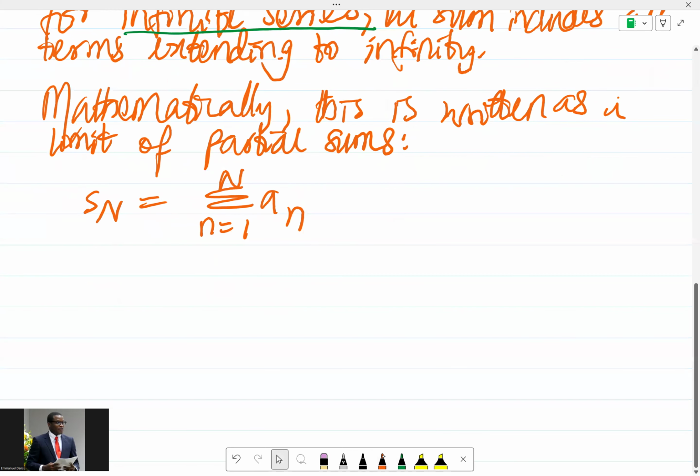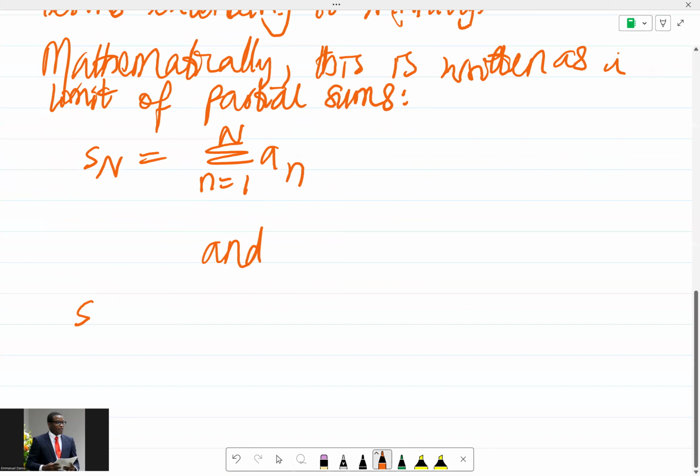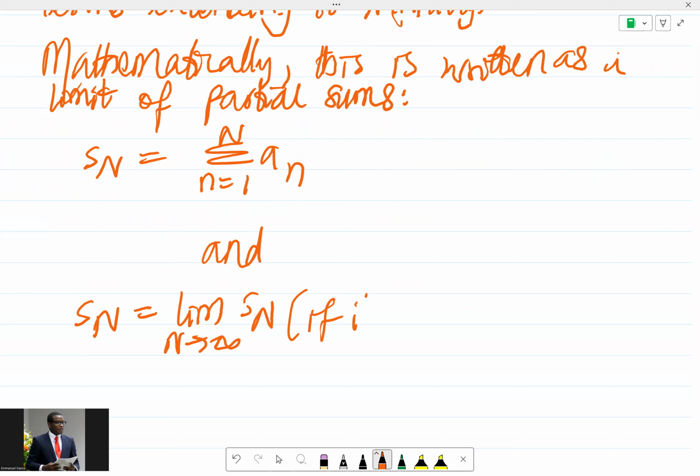You can also have this other one, where S is equal to the limit as N tends to infinity of that S_N at the top, if that limit exists.